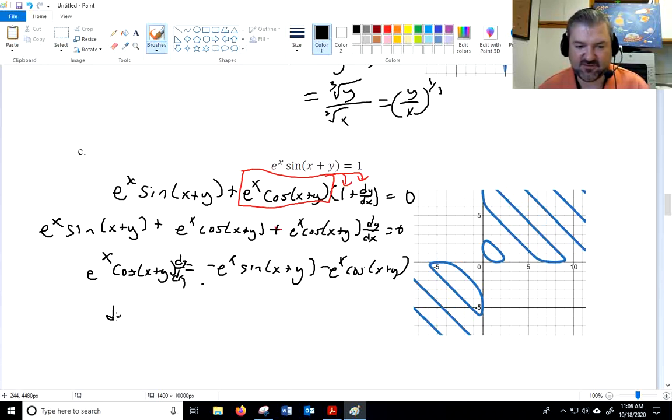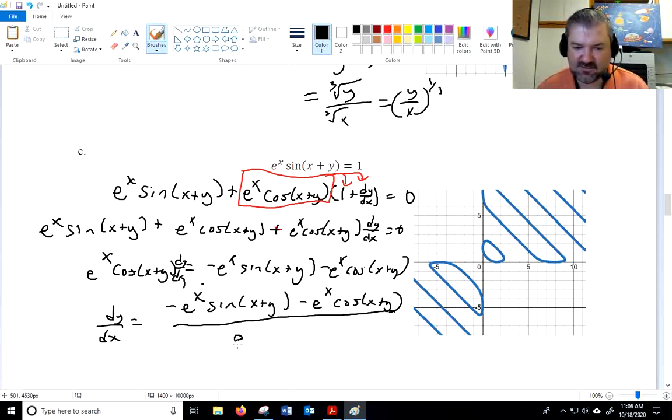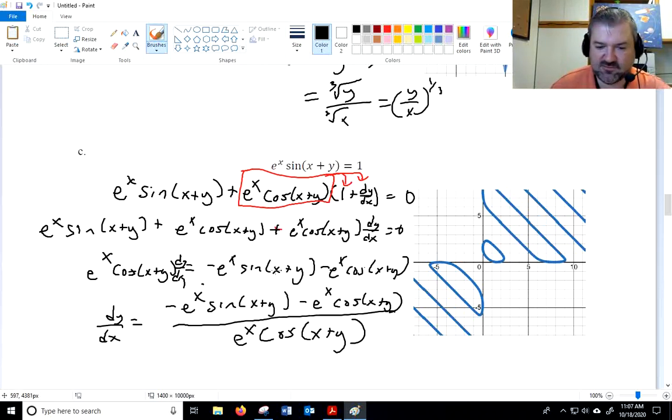So lastly, we should have that dy dx is equal to negative e to the x sine of x plus y minus e to the x cosine of x plus y all over e to the x cosine of x plus y. So we could probably do some pretty interesting things there. We could rewrite this as a fraction minus 1 or something like that.